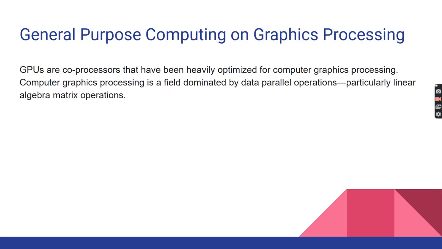Moving on, general purpose computing on graphics processing. GPUs, graphical processing units, are co-processors that have been heavily optimized for computer graphics processing. Computer graphics processing is a field dominated by data parallel operations, particularly linear algebra matrix operations.